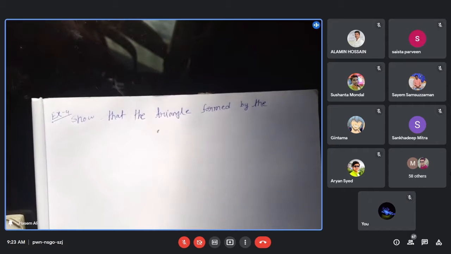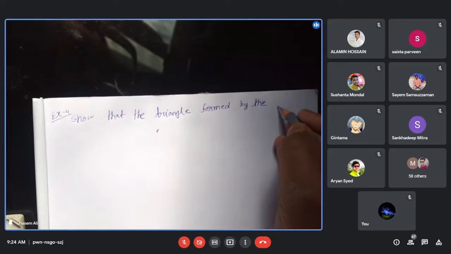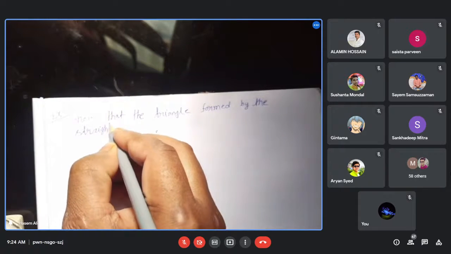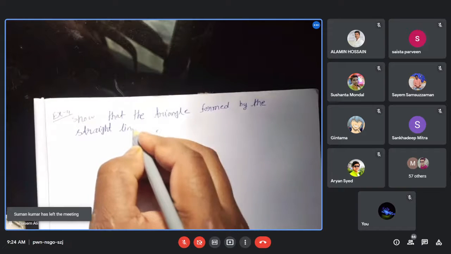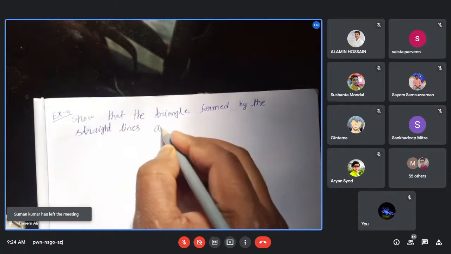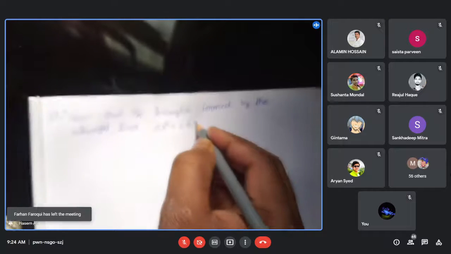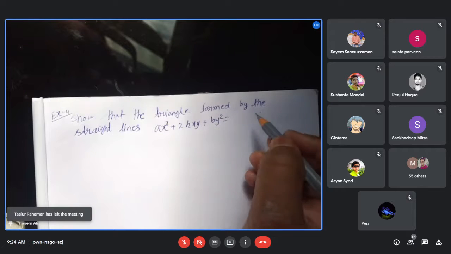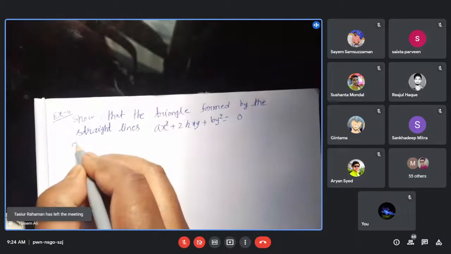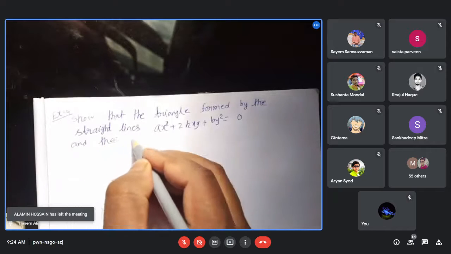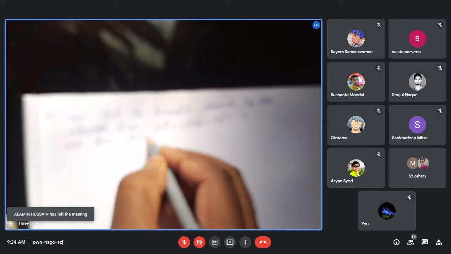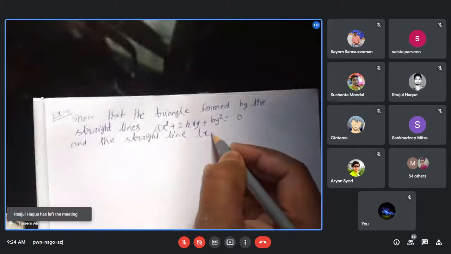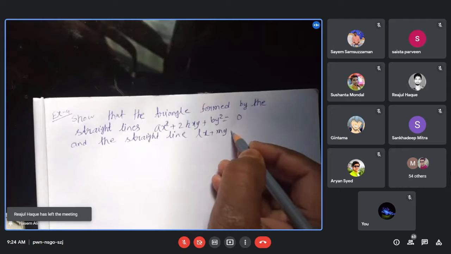So that the triangle formed by the straight line ax square plus 2hxy plus by square equals to 0 and the straight line lx plus my equals to 1.